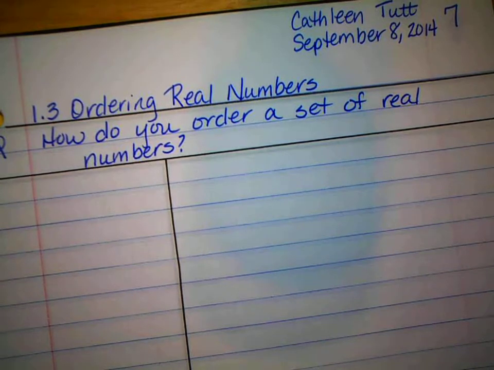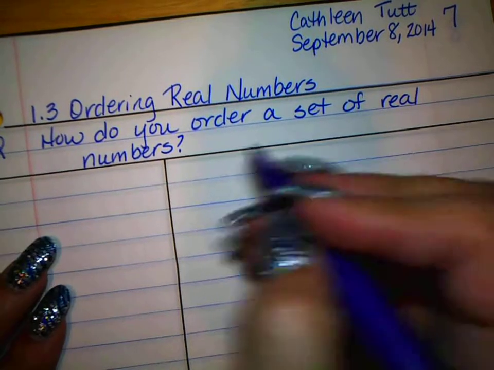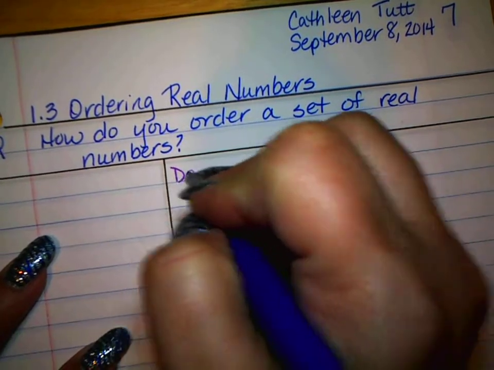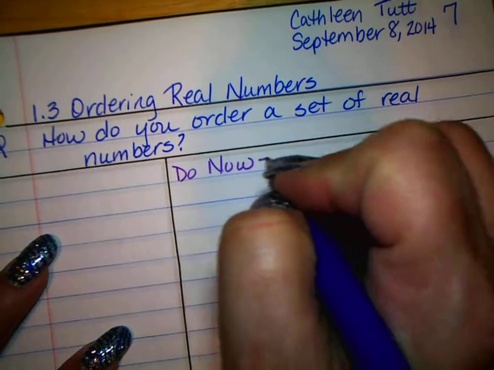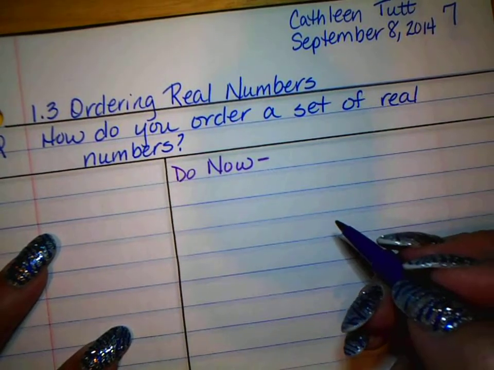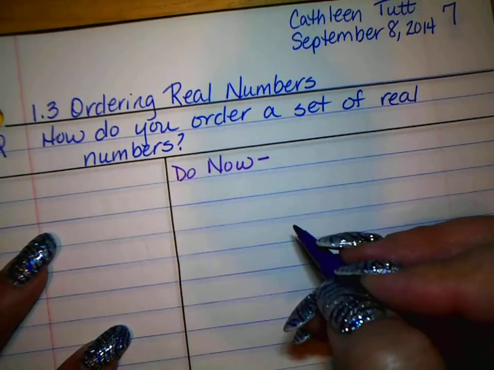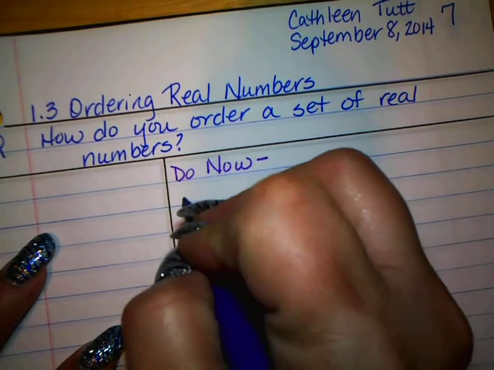Today you started by doing a do now, and I want to go over those problems with you at this point in time. You had to write as a decimal 2 5/8.